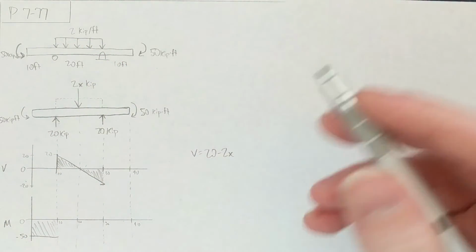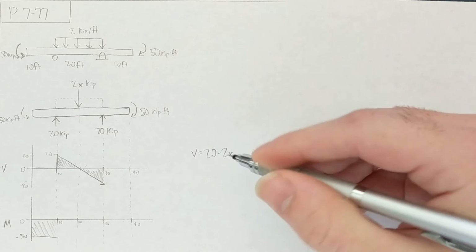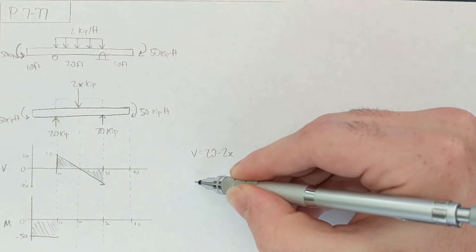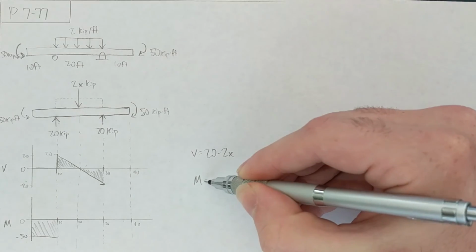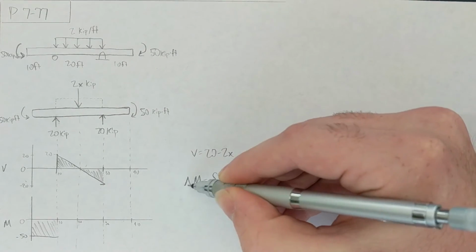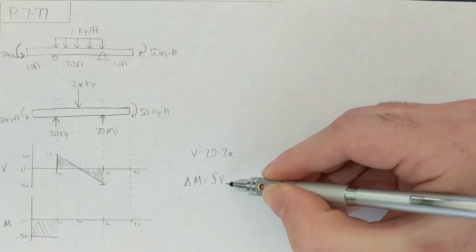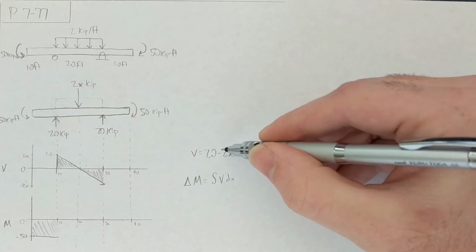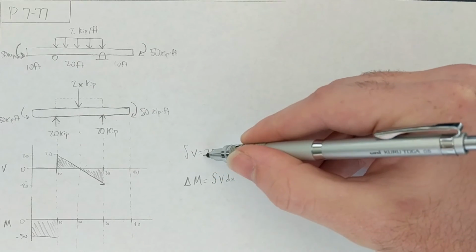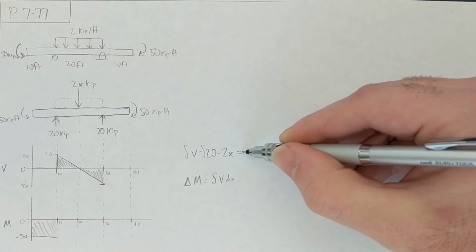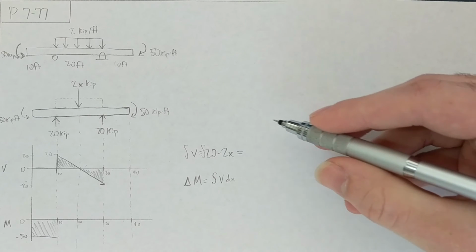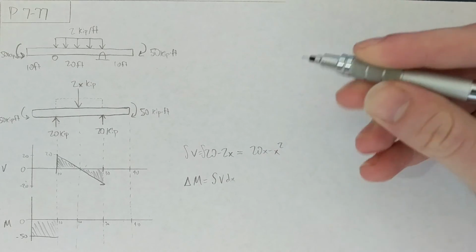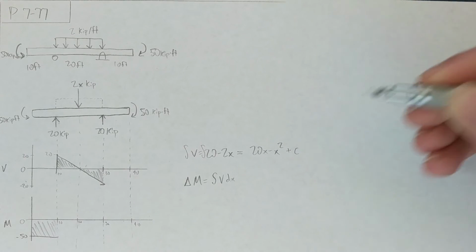And remembering our relationships that we talked about, where the change in m is the integral of v dx. Well, let's integrate that 20 minus 2x, and we get 20x minus x squared plus c, right?